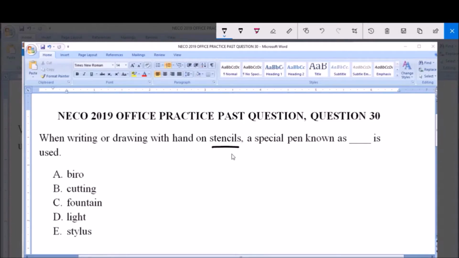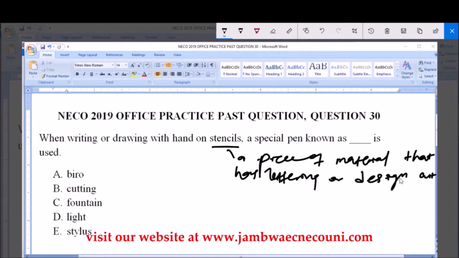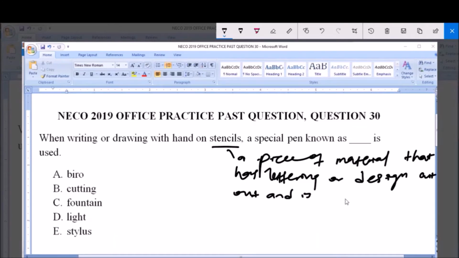Now stencil is a piece of material that has lettering or design cut out and is used as a guide in making your design.